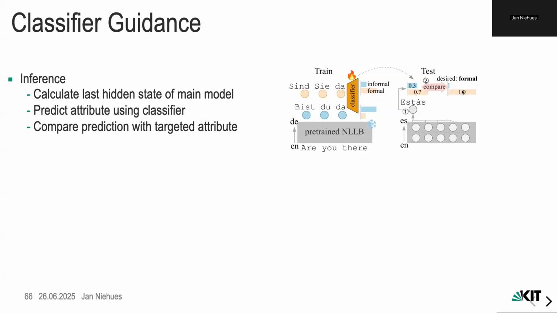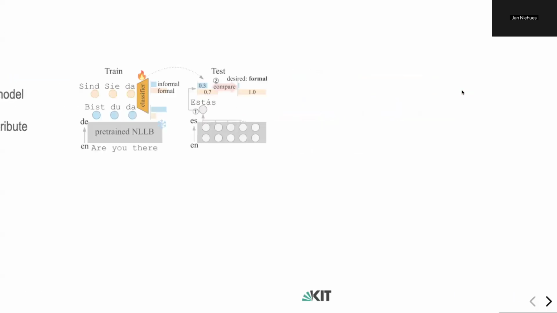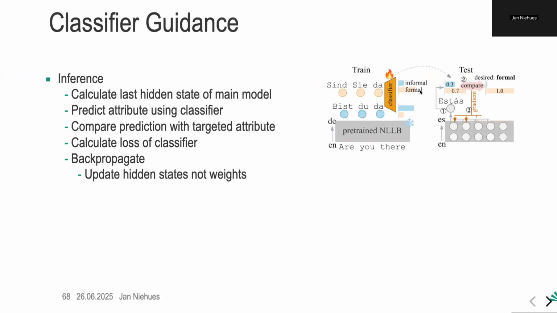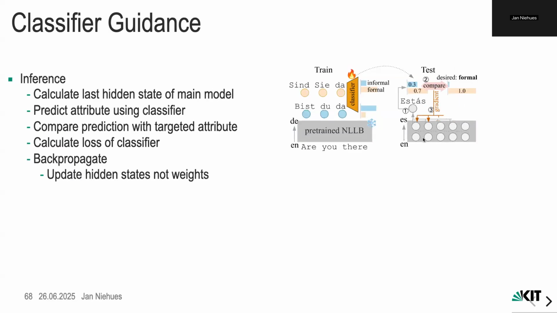The classifier has predicted something, but maybe that's not what we want. So we calculate the loss here, and then we backpropagate this loss, these gradients, down to the model. But there is one important thing.